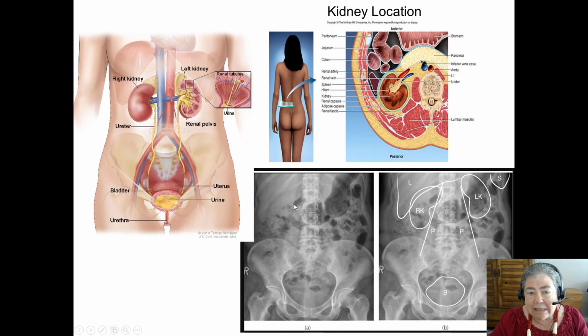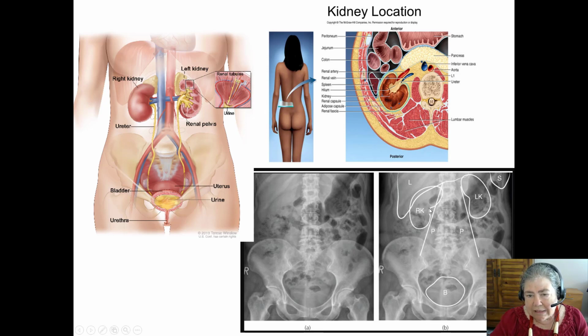You often can see a shadow of the psoas muscle, and that's what these lines called P are. And you may or may not be able to see the fluid in the urinary bladder. Again, there are intestines, and within the intestines are stool and gas, and all of that can sometimes obscure the kidneys and ureter and bladder.